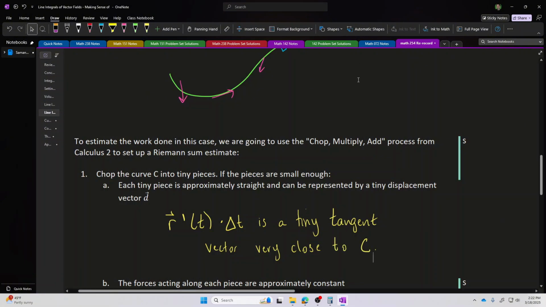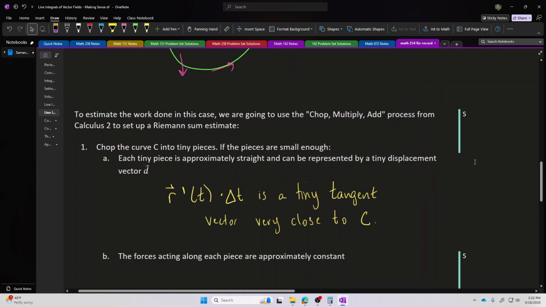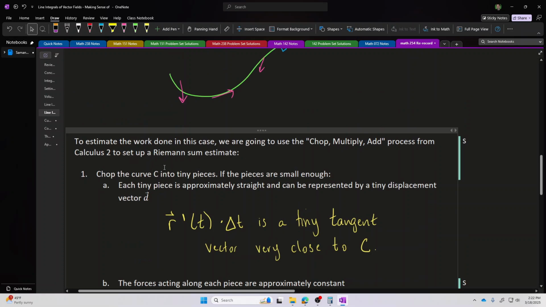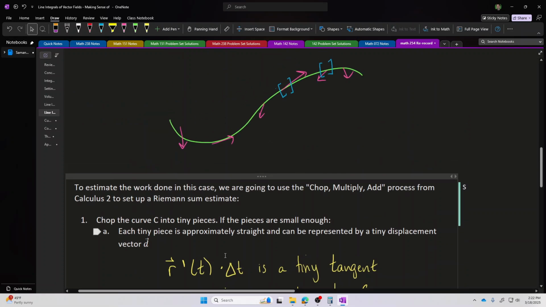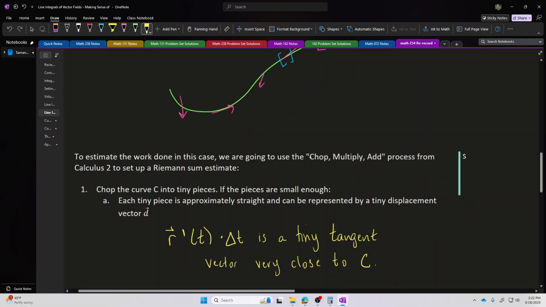This is very similar to when we were explaining the formula for line integrals of scalar fields. If you parameterize your curve C and you find the derivative of that parameterization, then you will get a tangent vector that is potentially very long.